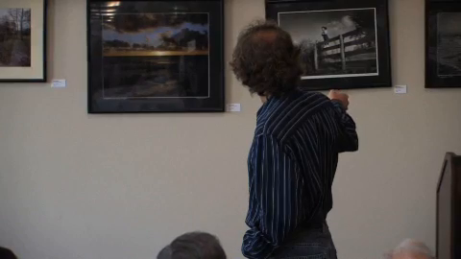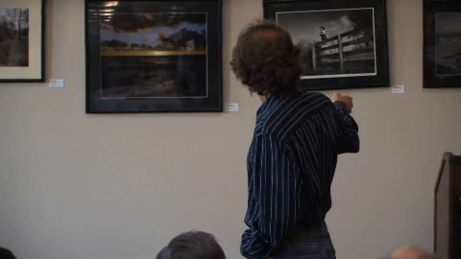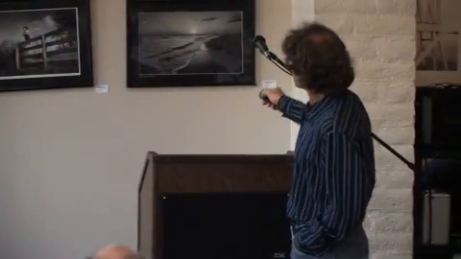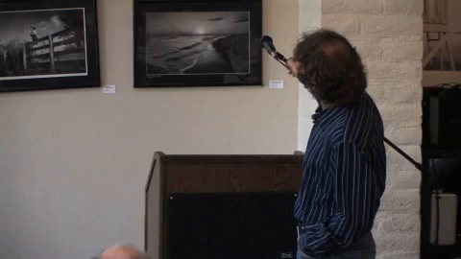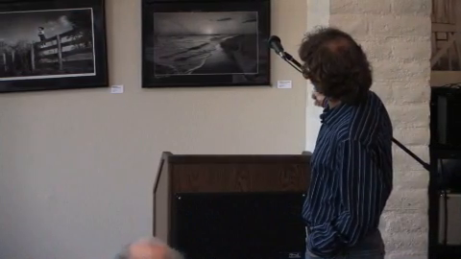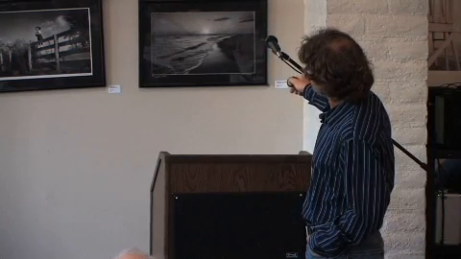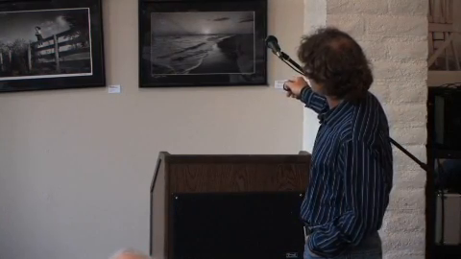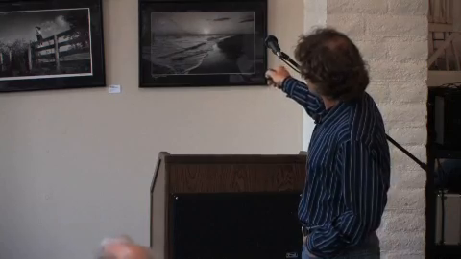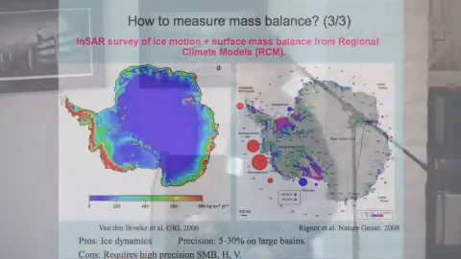So I calculate the amount of mass that falls into that whole basin, and I compare that with the flux on the periphery. And when you do that, you find that most of what we call East Antarctica here, the East Antarctic Plateau, is pretty much close to balance. The region that shows a lot of imbalance is the West Antarctic sector here in the Amundsen Sea. You see these big red blotches, and the northern tip of the Antarctic Peninsula.